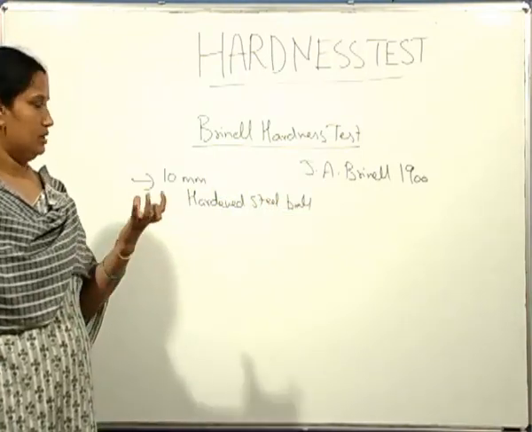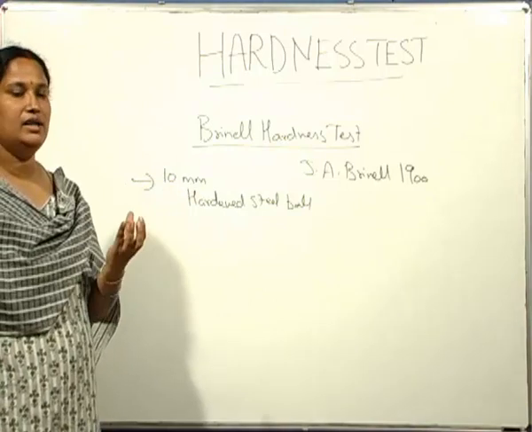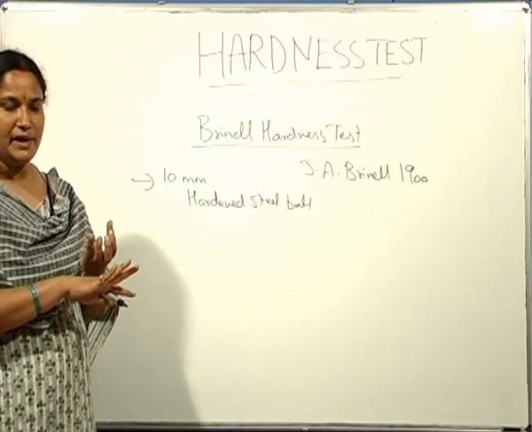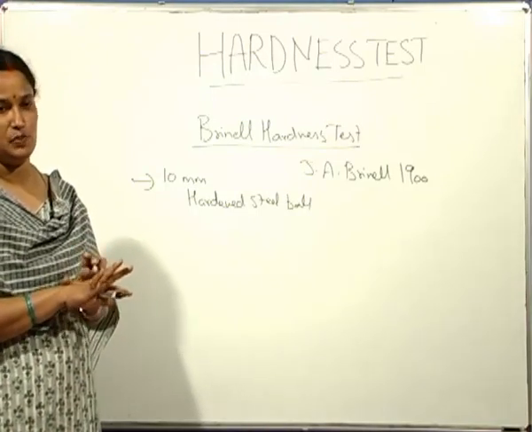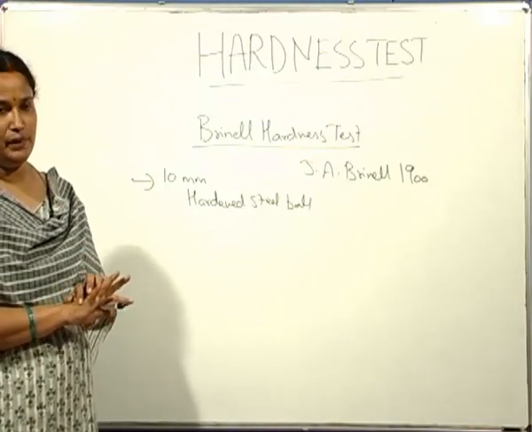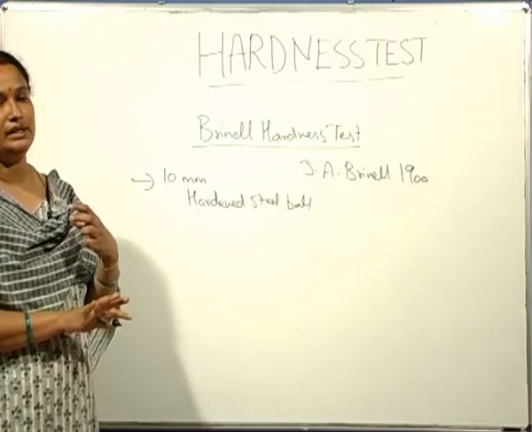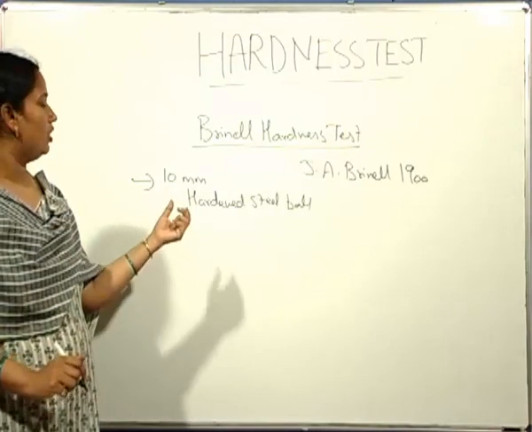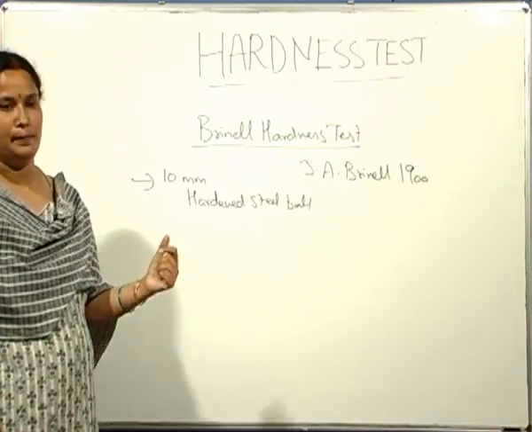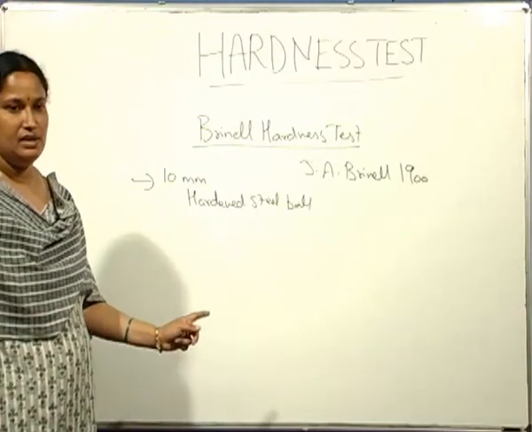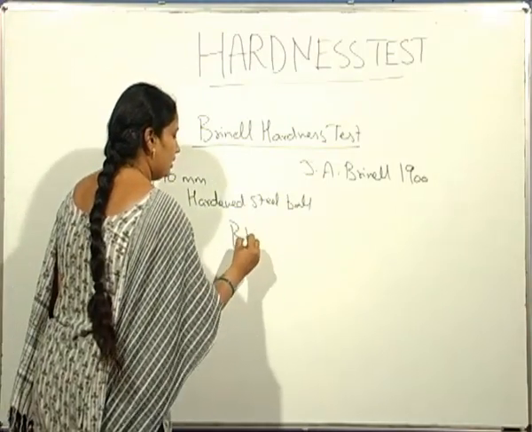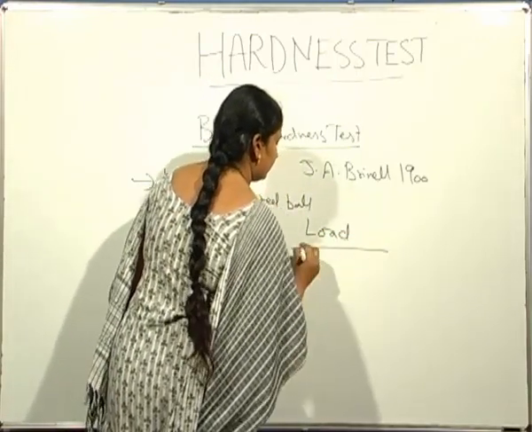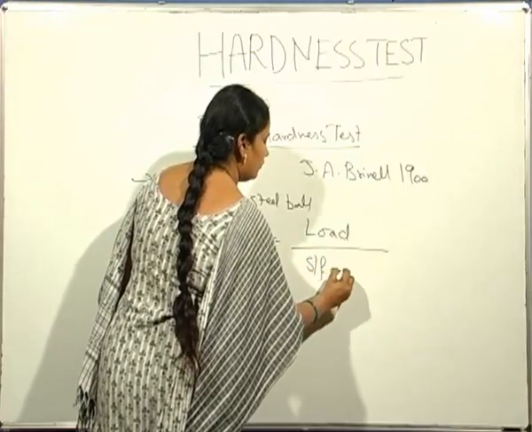So this hardened steel ball, under the application of load, indents or makes an impression on the surface of the specimen. Once the equilibrium is established, the load and the indenter are withdrawn. Then the dimensions of the indentation are measured. Brinell hardness number is given by load divided by the surface area of indentation.